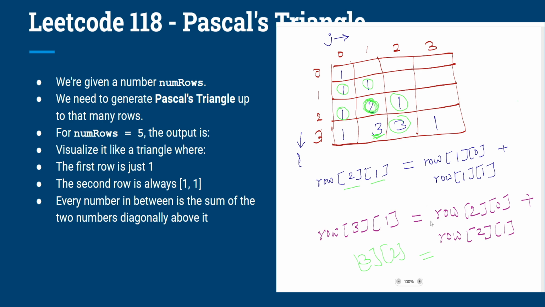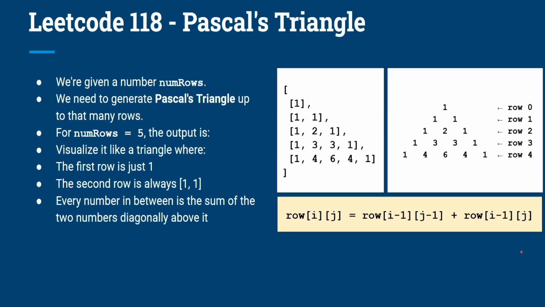Column 2 will remain the same, right? We'll talk about row 2 column 1 plus row 2 column 2, which will remain the same. These two values we have to add. So if you observe, the formula that we are talking about is correct, right? This formula is correct. Can we say that?